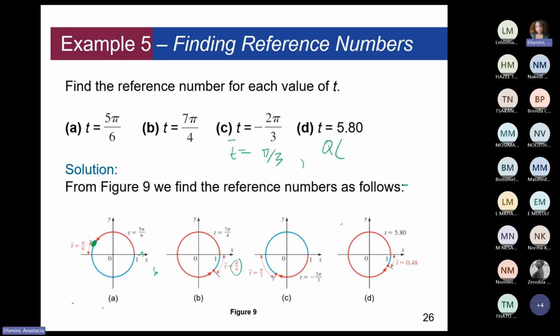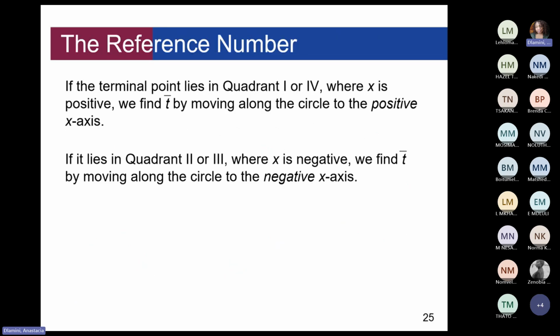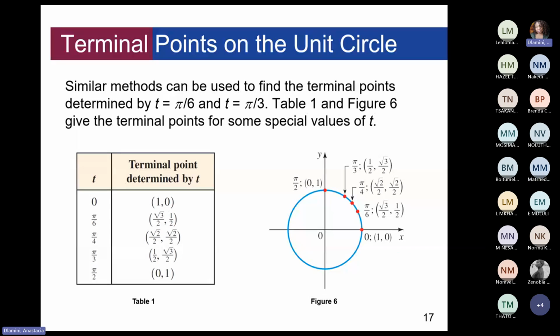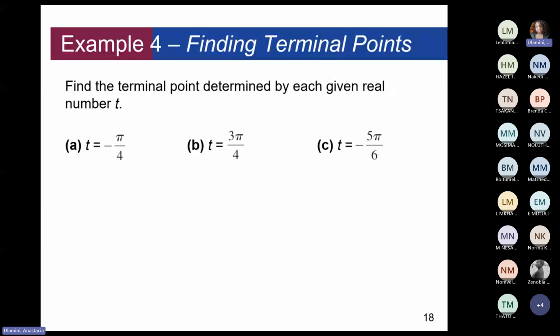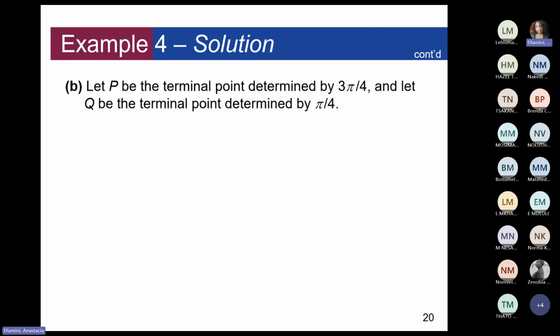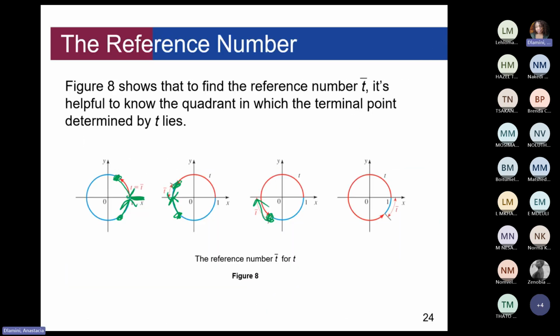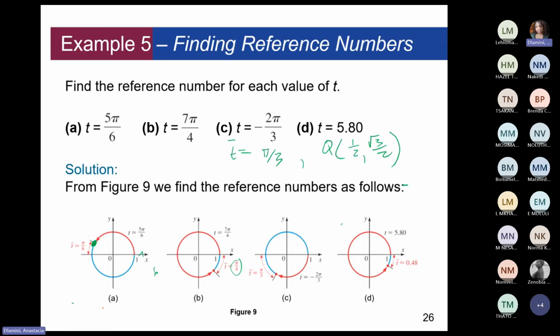We know pi over 3 is 1 over 2 and root 3 over 2. Please check that one. We can always check in the table. There, pi over 3 is 1 over 2 and root 3 over 2. So we are correct. Right? So now we then say, okay, fine.